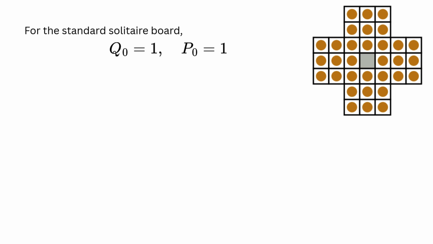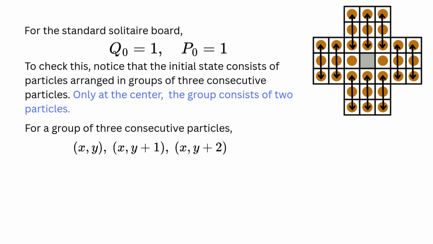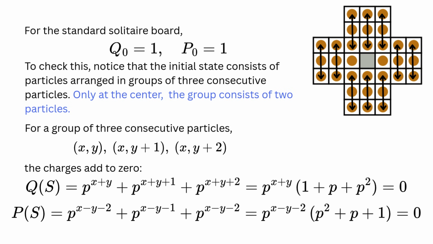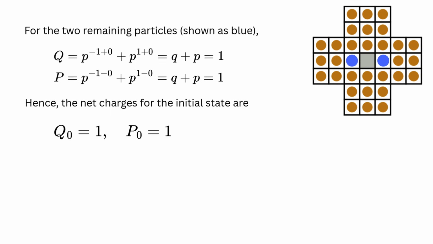For the standard solitaire board, the initial charges are 1. To check this, notice that in the standard game, the initial state consists of particles arranged in groups of 3 consecutive particles. But for any such group, the charges of the 3 particles add to 0. For the 2 remaining particles at the center, we can easily compute the total charge to be 1. Hence, the net charges for the initial state are equal to 1.